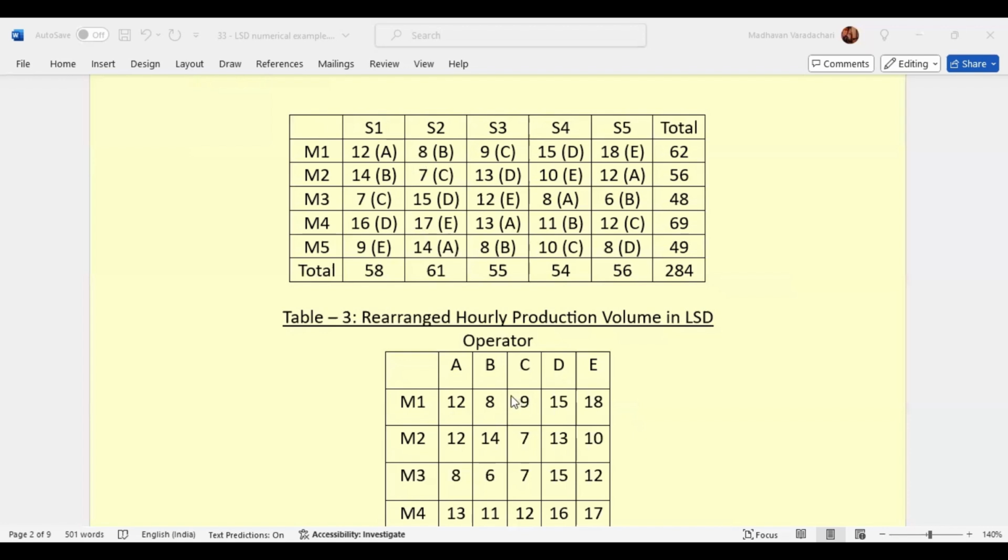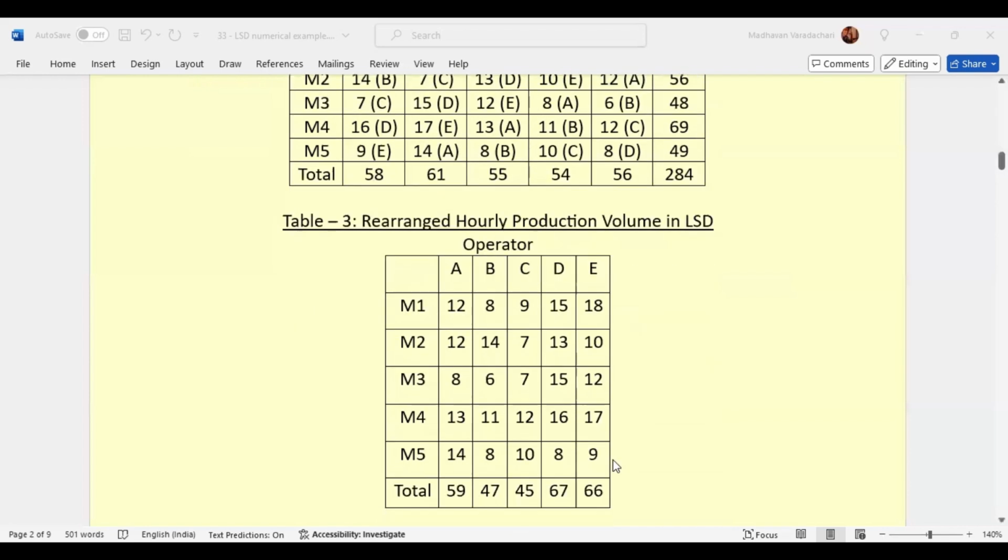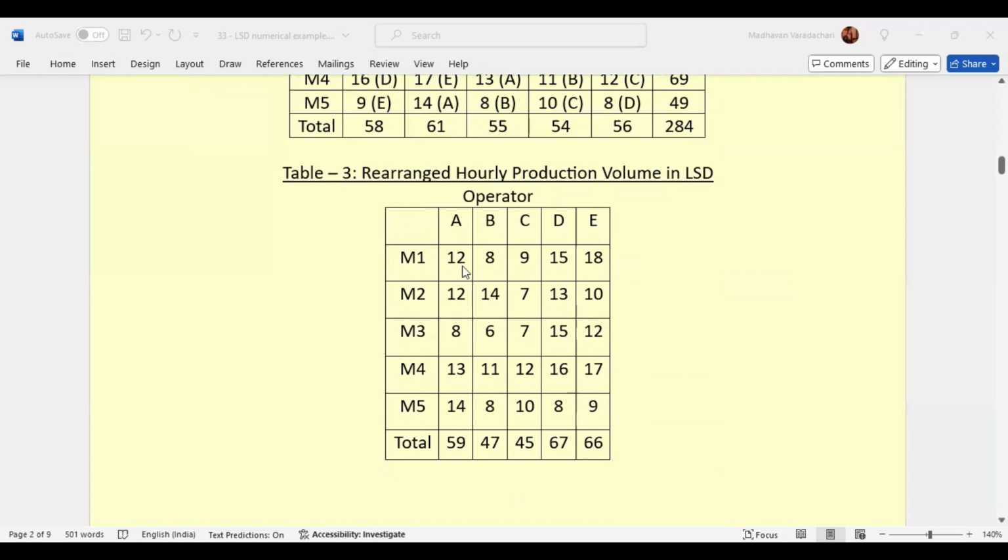Here it is 8, then 9, then 15, then 18. When you come to machine 2, operator A, it is 12, operator B is 14. So I rearranged it. Then operator C, it is 7. Operator D, it is 13. Operator E, it is 10. After rearranging, we are adding the total based on the operator: 59, 47, 45, each column's total.